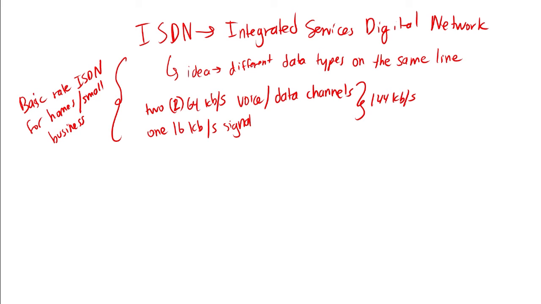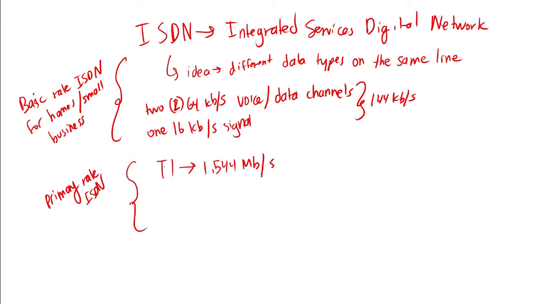And then we also came up with our primary rate ISDN for large businesses, and it's basically the T1. So remember, it's 1.544 megabits per second.